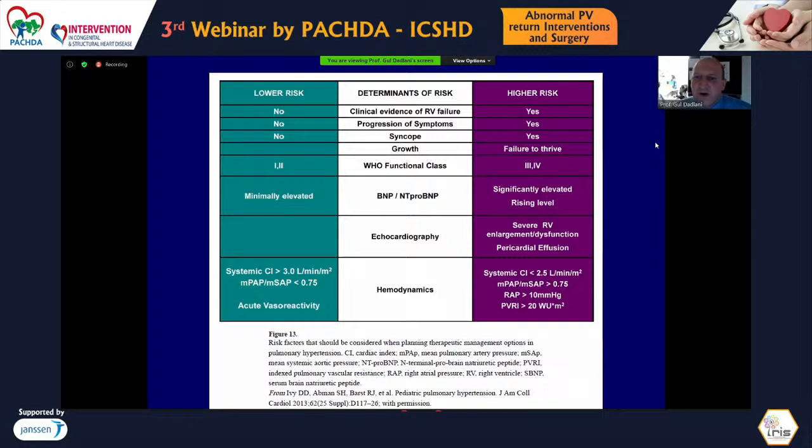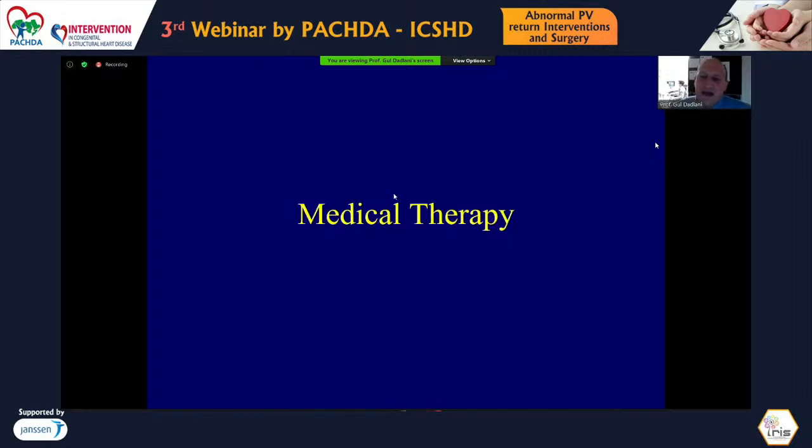And what are their World Health Organization symptoms? And have they had any elevation of their BNP over time? This is a nice checklist that you can keep for your patients. So once we have that assessment, then we can look at our medical therapy for those patients.